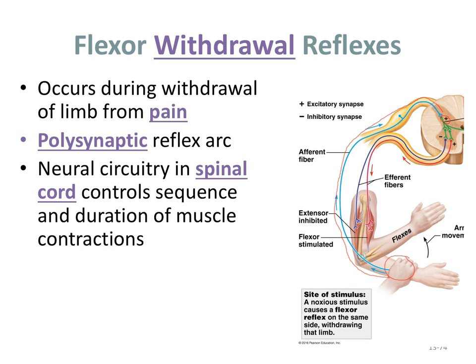So there's a couple interneurons in this pathway. One interneuron will inhibit the motor neurons that go to the extensors. When the motor neurons going to the extensors are inhibited, the extensor muscles will relax.